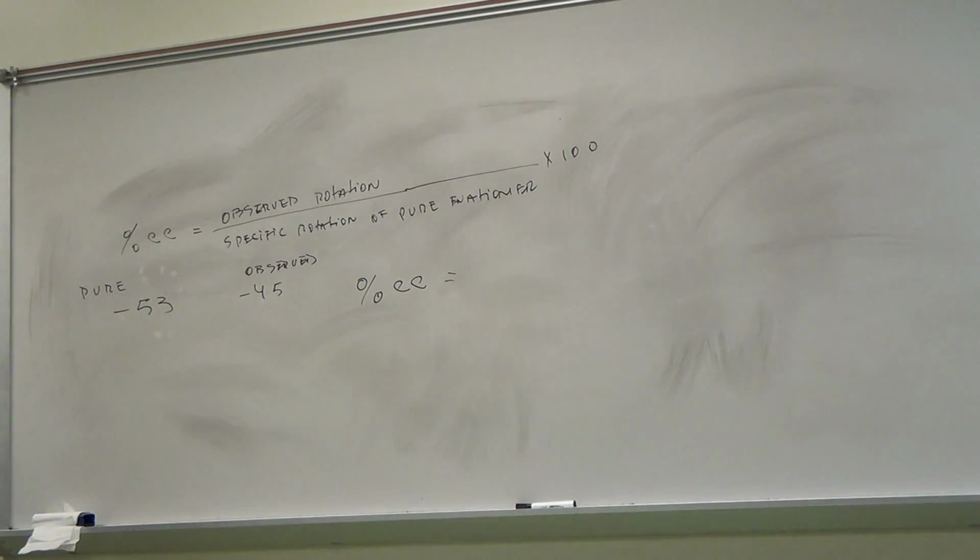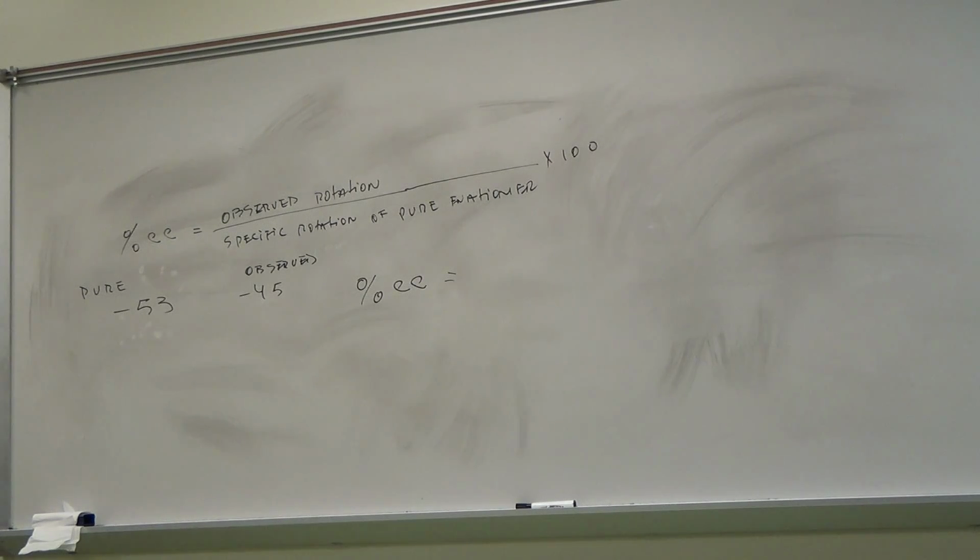Because if it was 100% pure, what number would you expect to get here? Negative 53. Negative 53 divided by negative 53 times 100 would give you 100% pure.